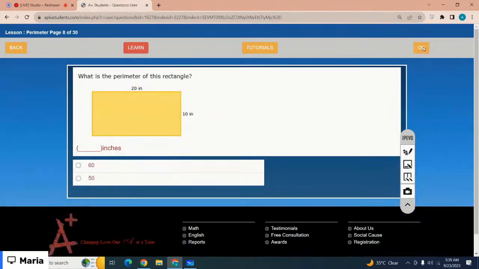What is the perimeter of the rectangle? Which is the correct option? Yes, it is 60. The correct option is 60.